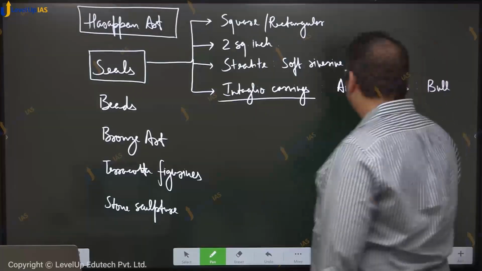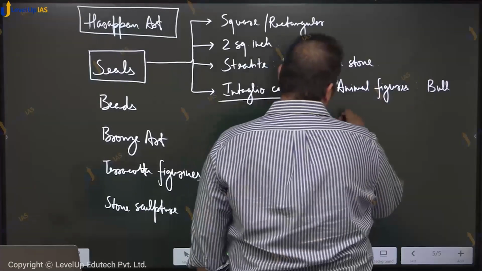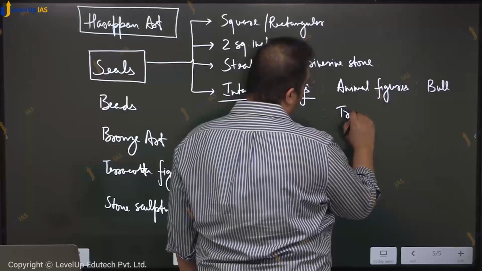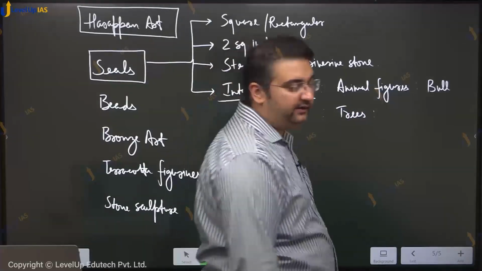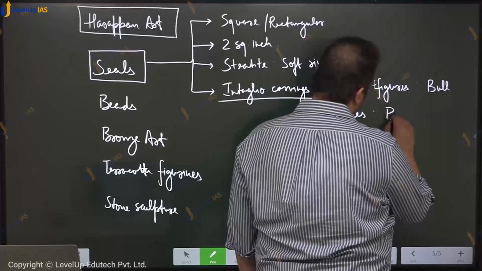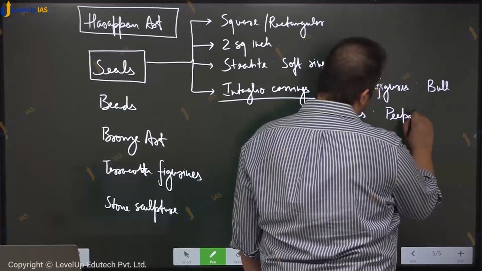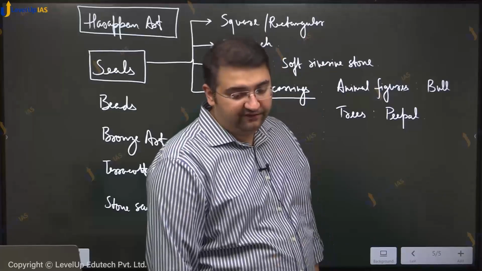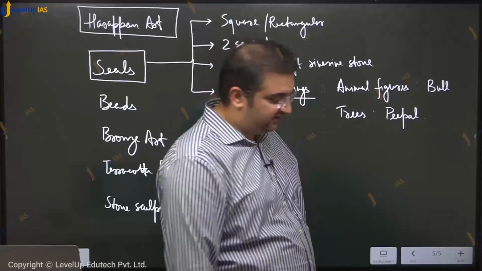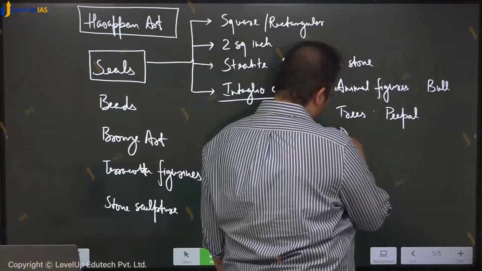Then we find figures of trees. Which tree is most frequently depicted? The peepal tree. We find the figures of different gods and goddesses, deities.